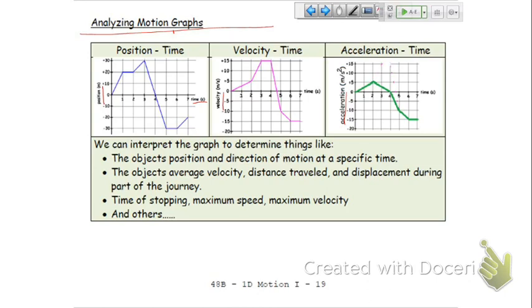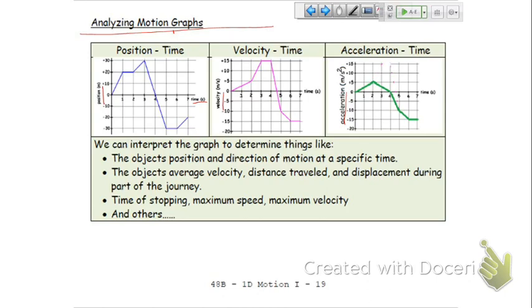It is 10 meters per second, and it's positive. Yeah? What can you tell me about the velocity in the third to fourth seconds, 3 to 4 seconds? It's constant, it's negative, and it's minus 30 meters per second. Yes? And so on.